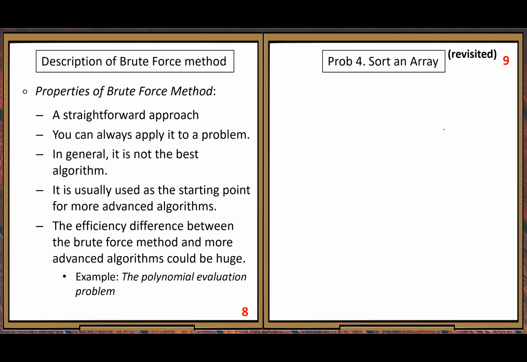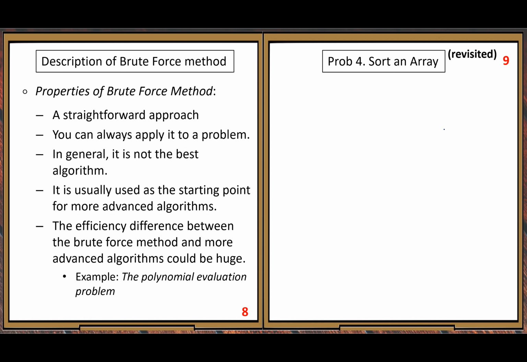Now, sorting array problem. The first time we did selection sort, we know it's not an efficient algorithm, so we can do improvement many, many times.